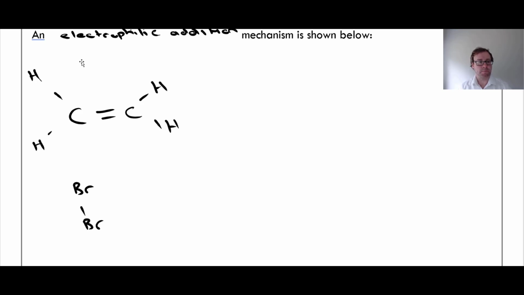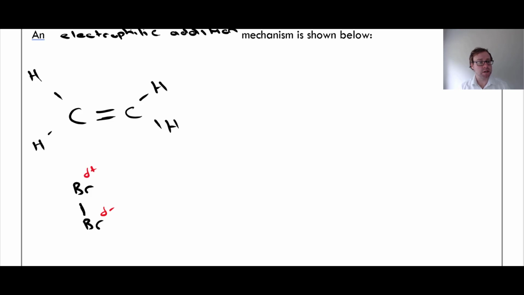So my bromine molecule approaches this way round, and that's important. So it's approaching this double bond here. Now as it approaches this electron-rich area, the electrons in my covalent bond here are repelled because they're negatively charged, which means that the bromine molecule becomes polarized.